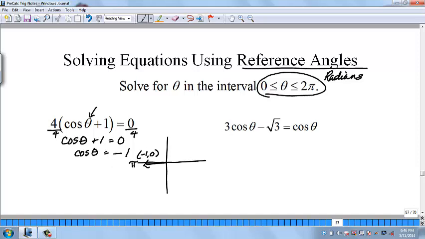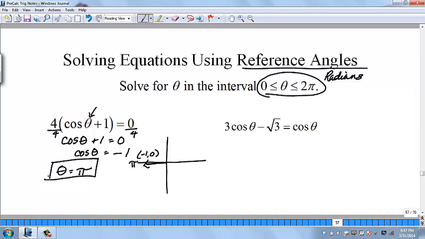If I put the cosine of pi in there, I would get negative 1. So the answer in this case is theta equals pi. There's no other angle that works; that's the only place where cosine is negative 1. So that's the only answer for that question.